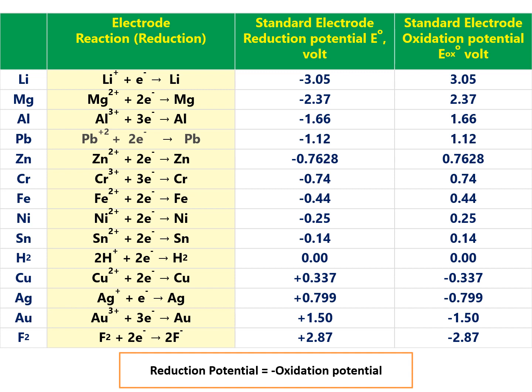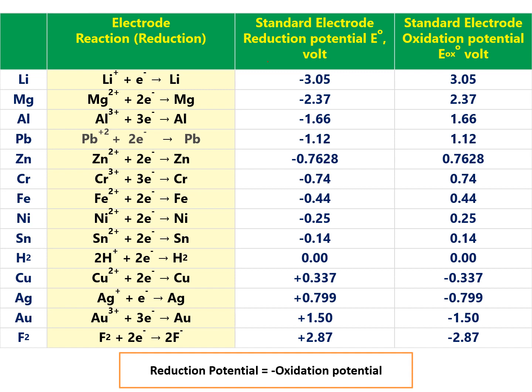You just change the sign of the number. So the reduction potential of lithium ion to lithium is minus 3.05, and its oxidation potential is 3.05. You can just change the sign before the number. Like that we can write the oxidation potential of all the metals.